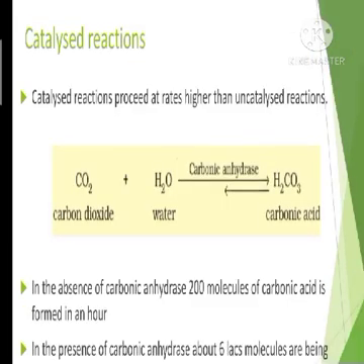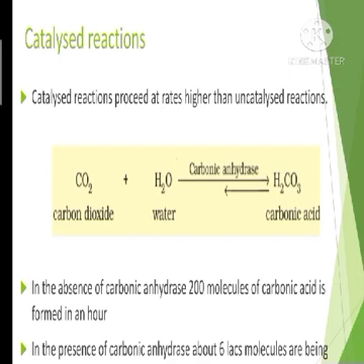Catalyzed reactions proceed at higher rates than uncatalyzed ones. So when enzymes are there, the reaction can take place at a faster rate than the uncatalyzed reaction. For example, in this reaction, carbon dioxide plus water gives carbonic acid, the enzyme which catalyzes this reaction is carbonic anhydrase.